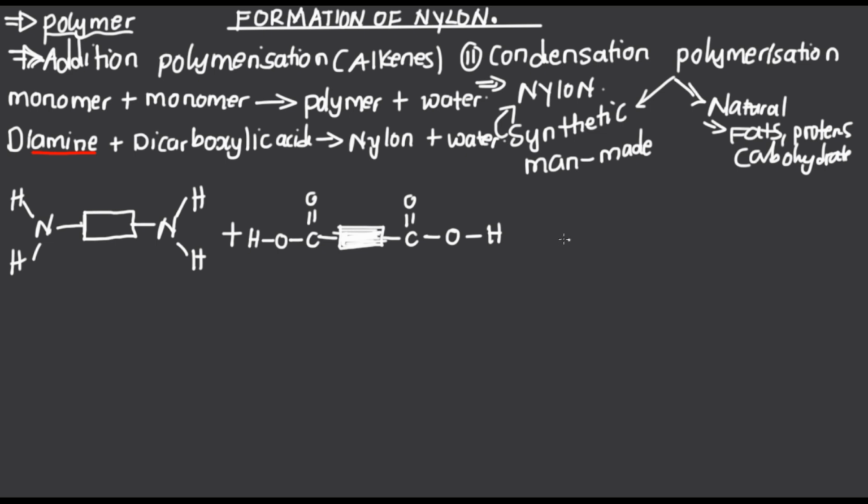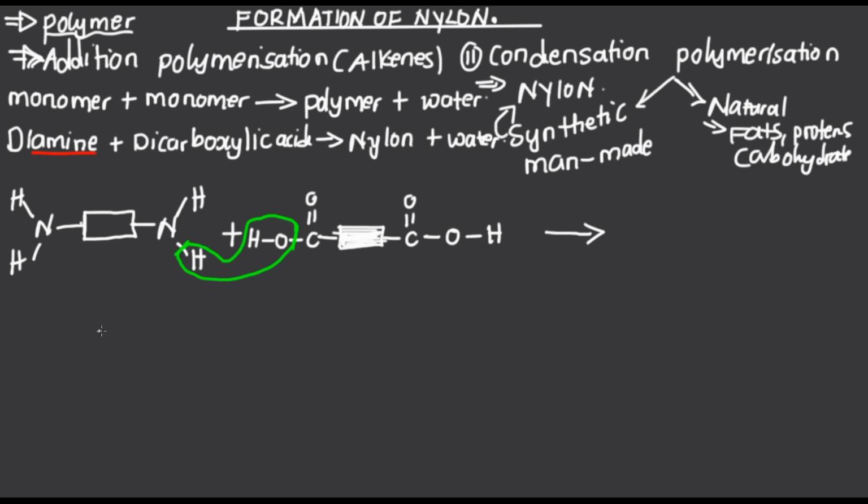When coming up with the structure, we are going to remove hydrogen from the amine, so this bond will break. Then from the carboxylic acid, we are going to remove hydroxide, so that the hydrogen from the amine and the hydroxide from the dicarboxylic acid give us the water that is produced.